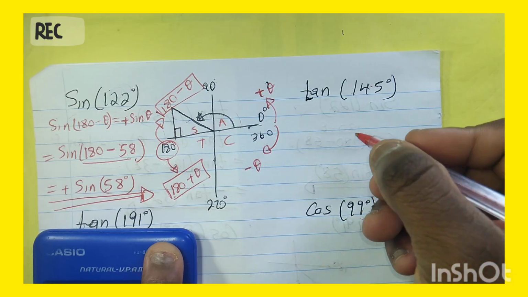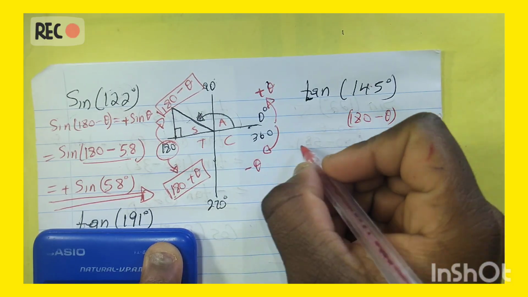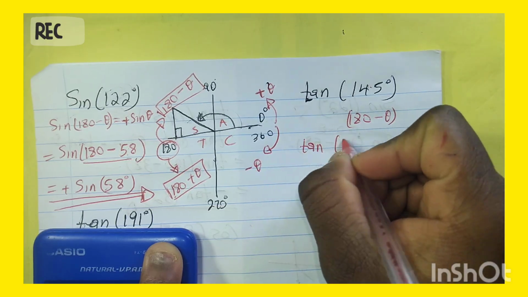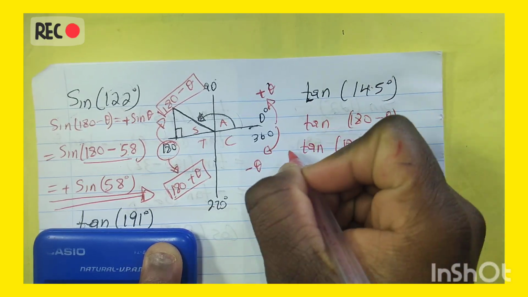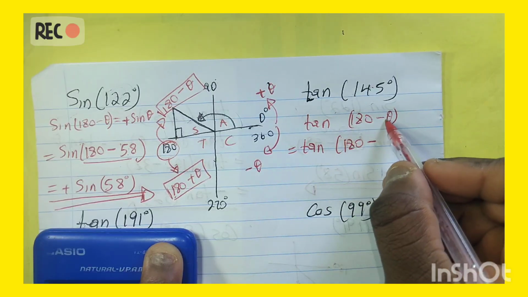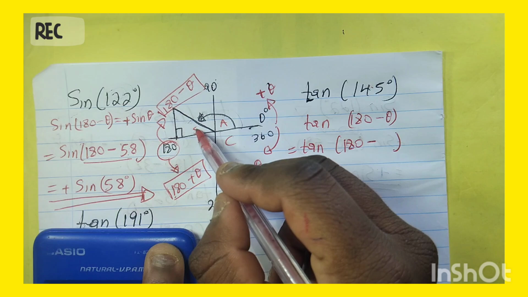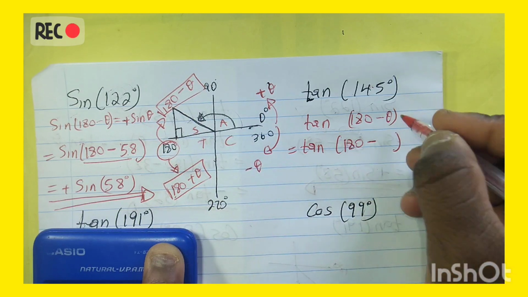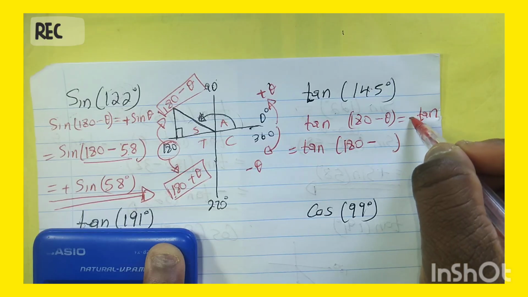Because we are using the same position, this will just be tan of 180 minus theta. But in this position, it's only sine which is positive, meaning that tan there is negative.